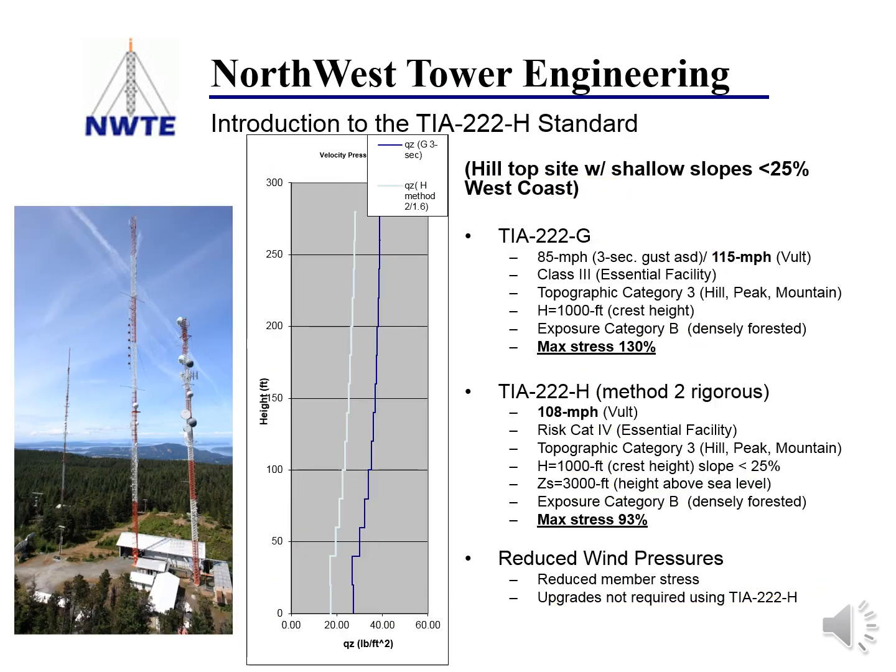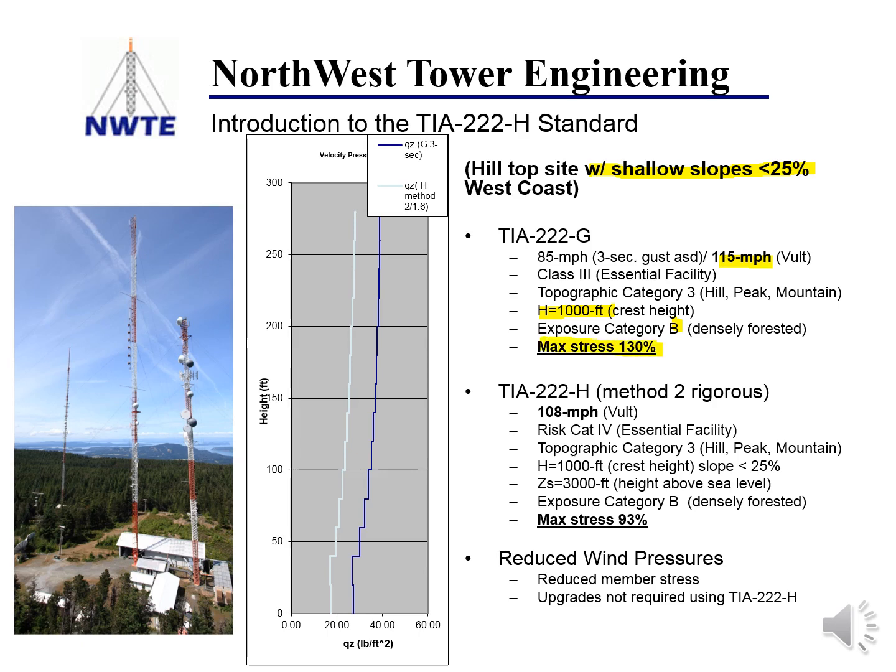Okay, final example. So I'm calling this a shallow slope. Slopes are less than 25%. I think I've got something around 17–18%. Still the same, 115 miles an hour. 1,000 feet, exposure B. So this is one of the towers we looked at earlier on, one of the locations.